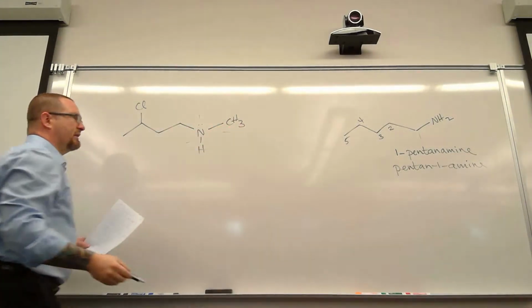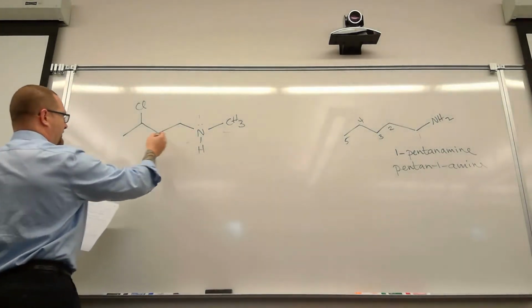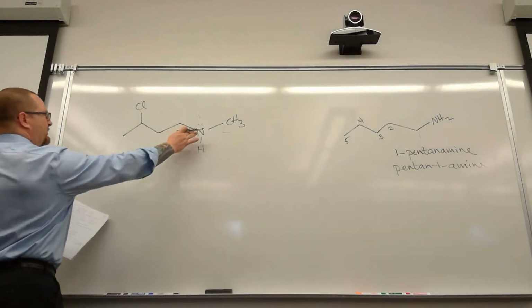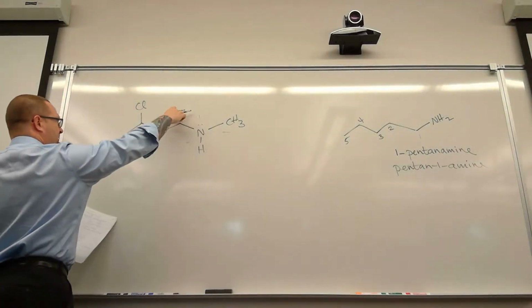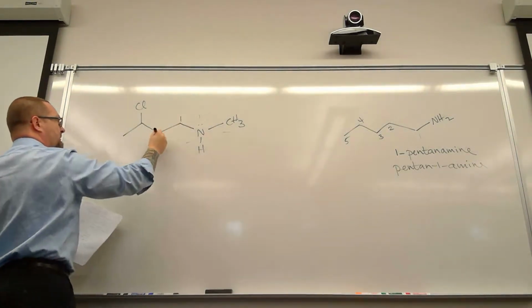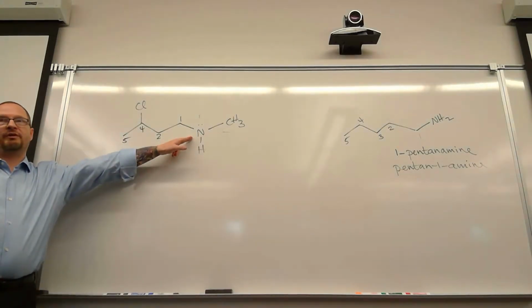This is considered an alkyl modifier to this chain. So what's our longest chain? It's going to be from this carbon to this carbon. And we're going to number it from the side closest to the functional group.